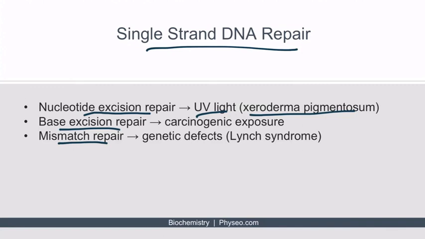Base excision repair usually occurs in response to damage done by carcinogens, so carcinogenic exposure. These could include nitrosamines in smoked food, tobacco in cigarettes, or arsenic or other carcinogens. Mismatch repair is a backup repair mechanism for DNA replication and can be dysregulated by genetic defects such as Lynch syndrome. Let's talk about nucleotide excision repair first.